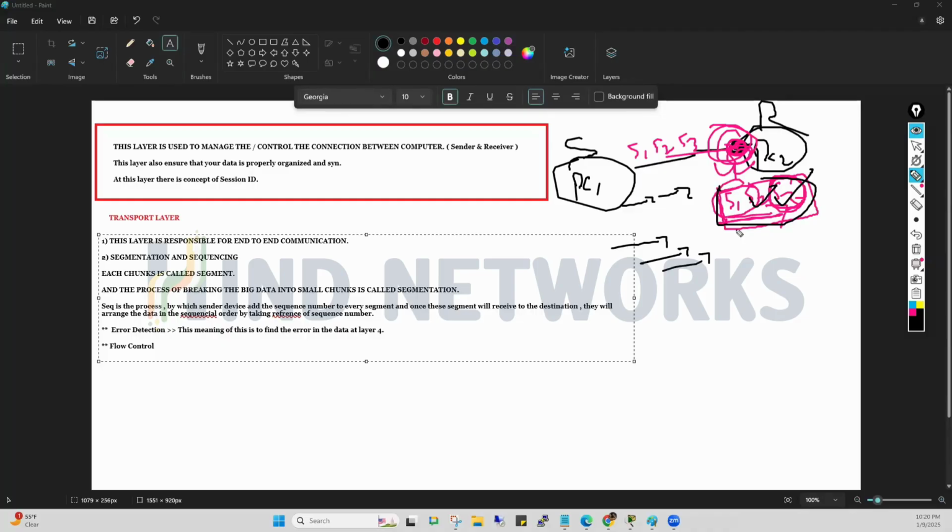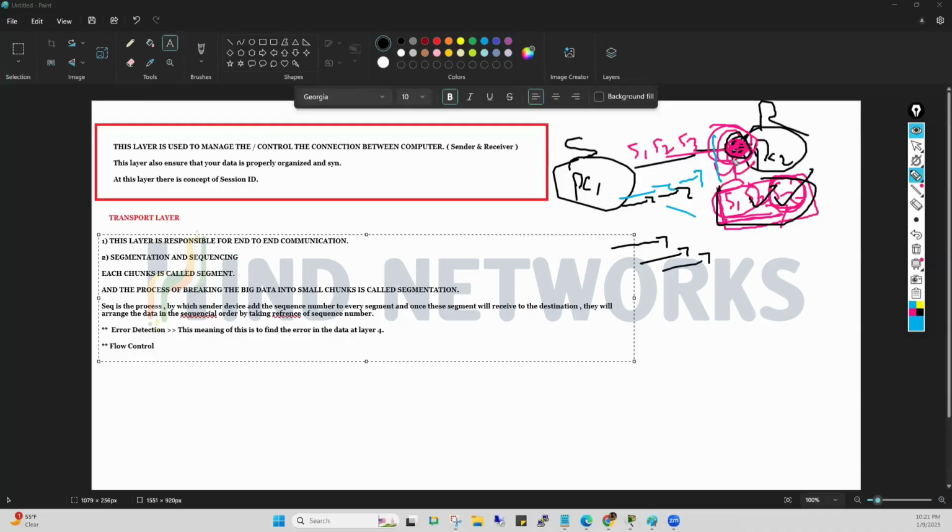In this case, there will be a chance to drop your packet. If its memory is full and you are continuously sending packets, definitely your packet will drop, because on the PC number 2 interface there is no memory to store your packet. Getting my point, everyone?